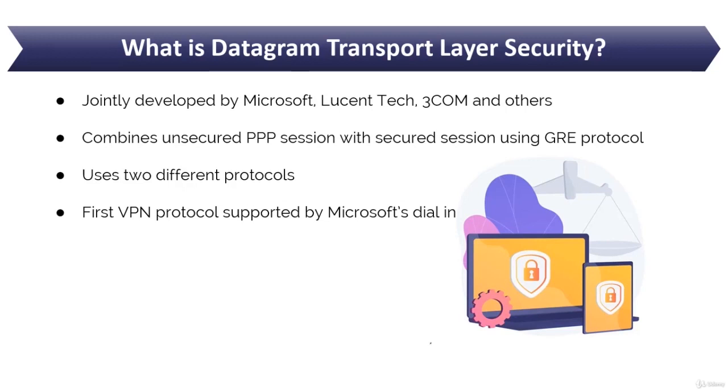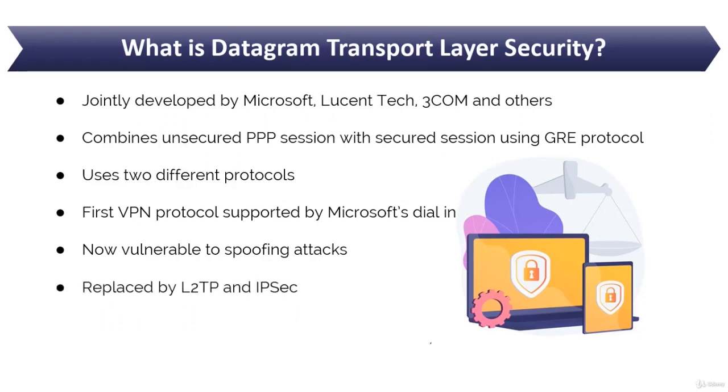But as a matter of theory, you should always have knowledge of these protocols, as it was the first VPN protocol supported by Microsoft. You'd probably expect from a first-generation security protocol that it is nowadays really vulnerable to spoofing attacks, and it is pretty much being replaced by L2TP, that is Layer 2 Tunneling Protocol, and IPsec, that is Internet Protocol Security.